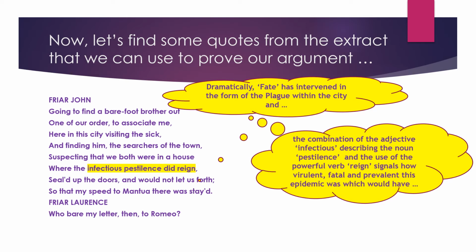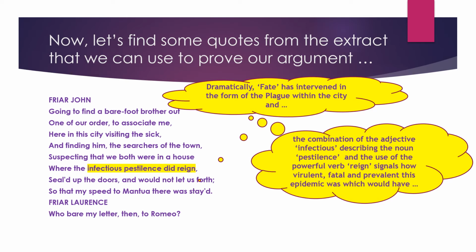So here I'm going to talk about the combination of the adjective infectious, describing the noun pestilence, and the use of the powerful verb reign. And I'm going to think, well, that signals how virulent, fatal and prevalent this epidemic was. And then I'm going to have a think and think, can I make any sort of contextual link here?